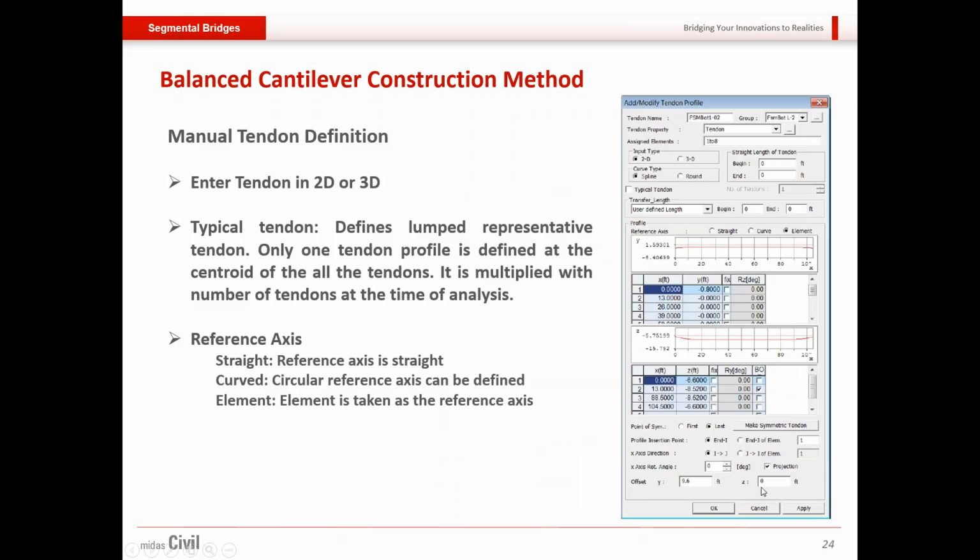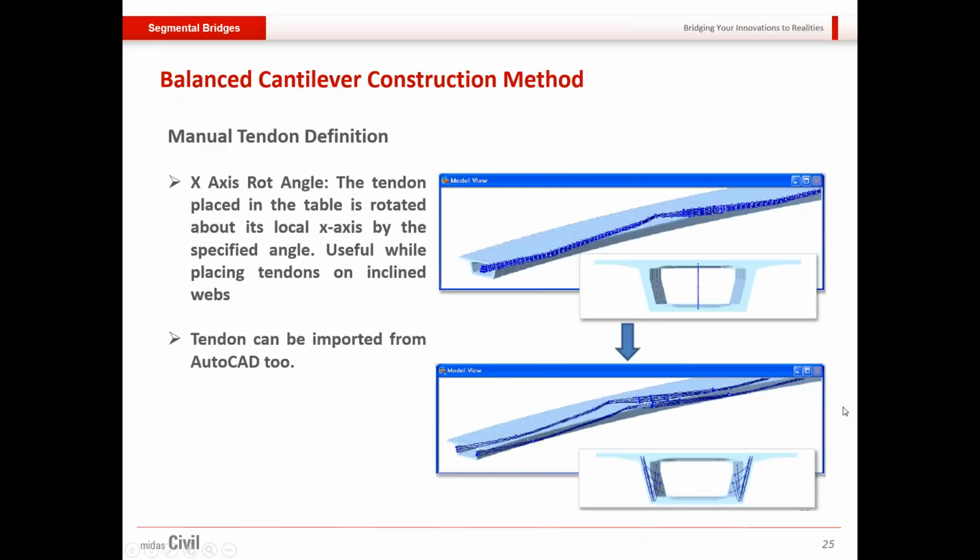There is this option given over here, projection. You just have to select this projection, give the angle of rotation, your web angle rotation over here, and at what distance it is. Once you do that, your tendons would be projected on the inclined web. Besides that, you can also import the tendons from an AutoCAD DXF file.